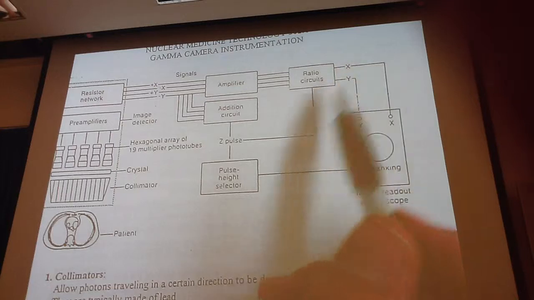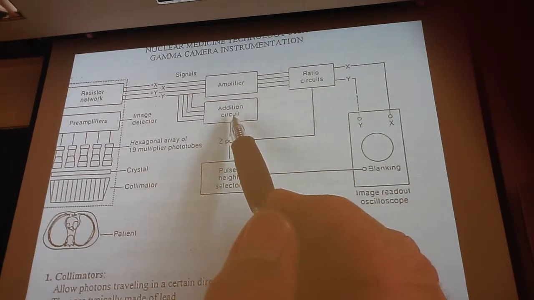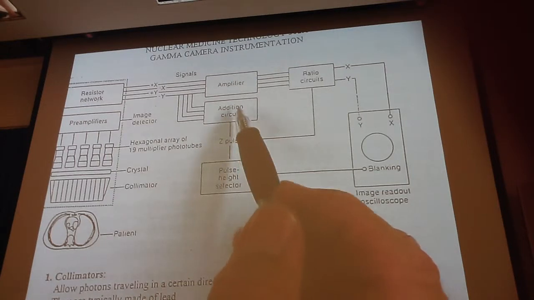Okay. The other one that's very important, this addition, it's also called a summation circuit.